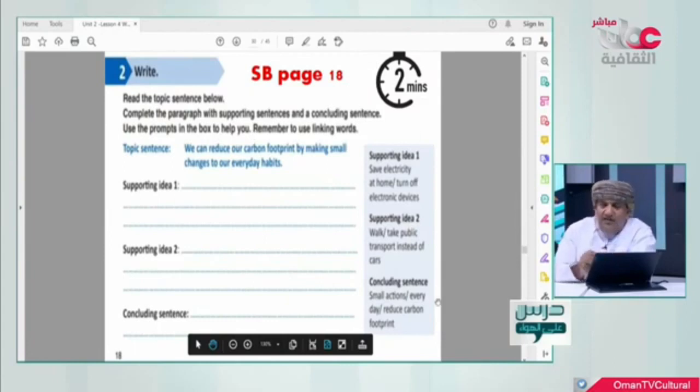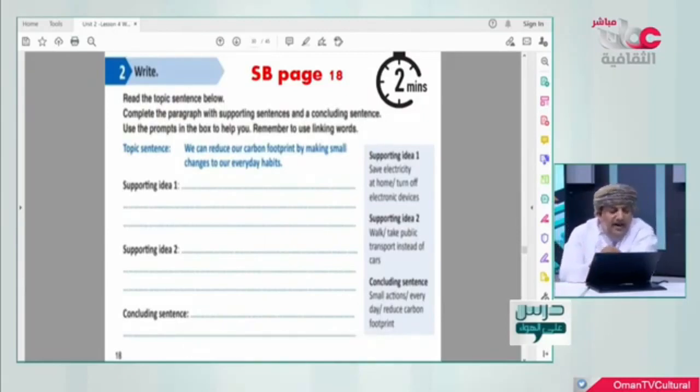You have some examples or ideas to help you write the sentences. So we have here, we can reduce our carbon footprint by making small changes to our everyday habits. I want you to write some sentences here, supporting idea 1, supporting idea 2 and a concluding sentence. I will give you 1 minute because we don't have much time.